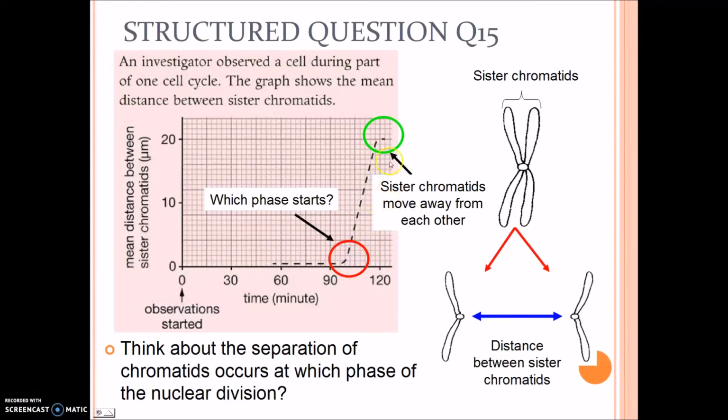Then at this green circle, you can see that the sister chromatids really move away from each other to the opposite pole of the cell. So what is this phase? You need to think about which phase of the nuclear division the separation of chromatids occurs in.